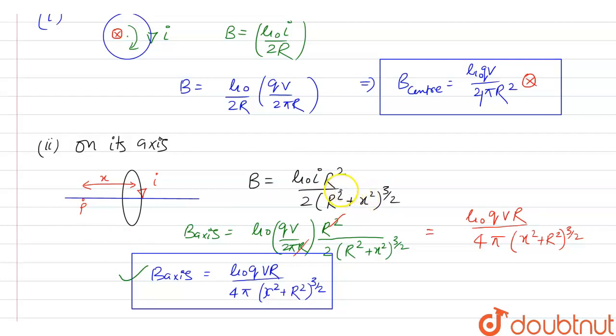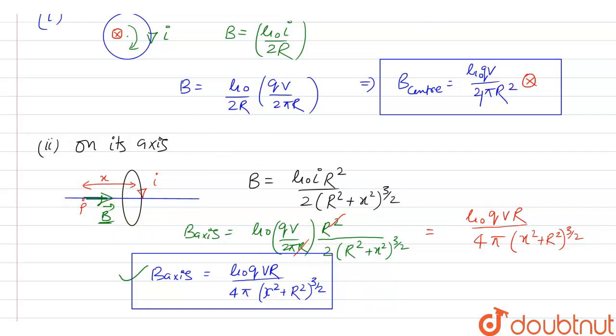Now looking for the direction, as the current is in the same direction, that is in clockwise sense, the direction of the magnetic field at this point will be found by simply spinning the screw here also and rotating it in the sense of current, so it will again be moving inward, that is towards the loop. So it will be the direction of magnetic field here, and since the current in the loop is constant, also the direction of current is constant, so magnetic field vector at this point will be constant.